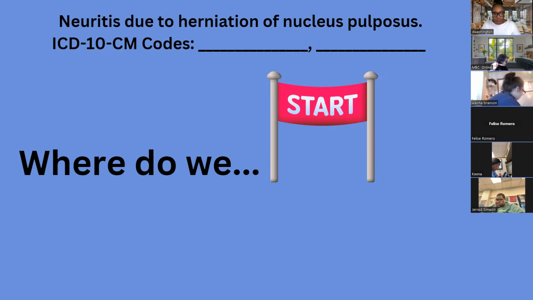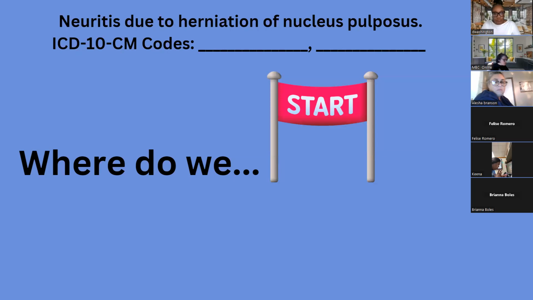So would you look next to your M51.9? Brianna, tell me what you see next to the M51.9, or anybody that has it. G55. Right. So the cool thing is it's telling us both codes that we need. We need an M51.9 and a G55.